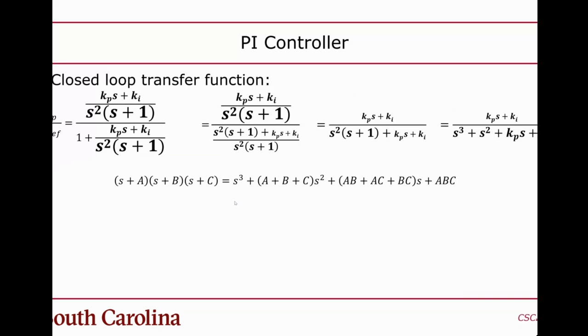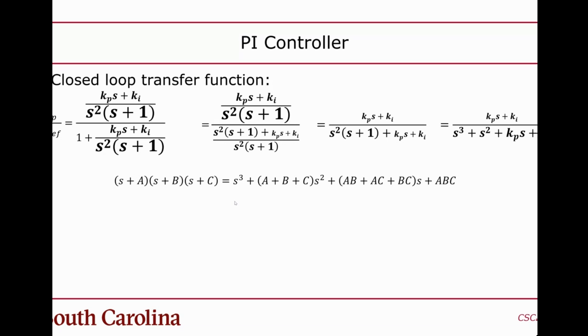In this case, I did something a little non-standard. I actually couldn't find a good way to do this in the literature. What I'm trying to do here is come up with a way to set the proportional and integral terms in a way that guarantees the closed loop transfer function is stable.